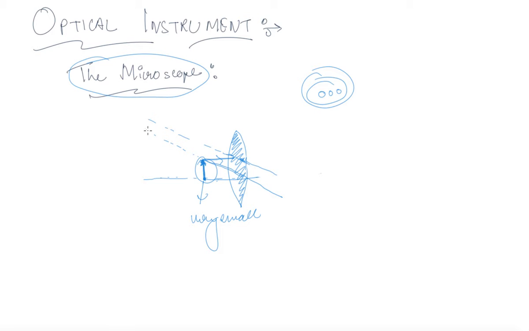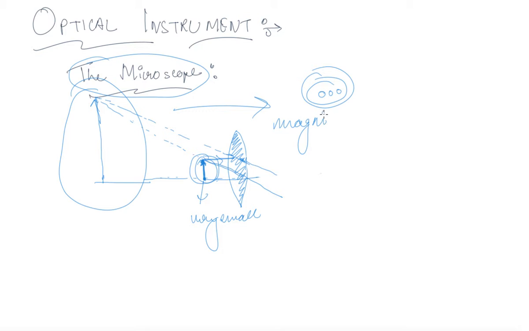I'll see that the image is formed maybe at infinity, and it is very large, a huge one. This is the object. So for very small objects we see that the image is a huge one, and therefore this is what it is doing, it's magnifying.